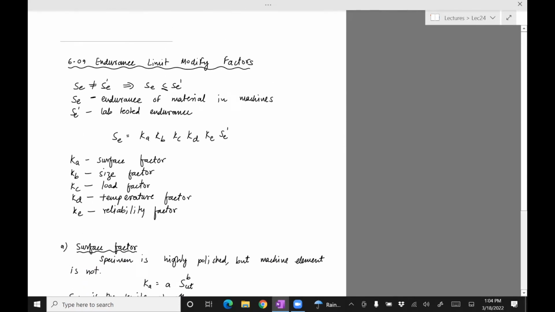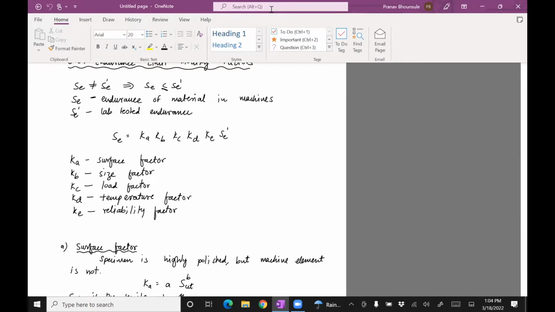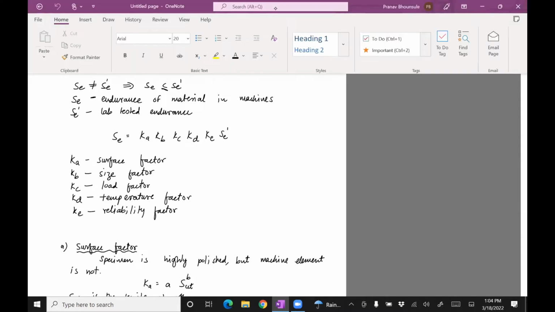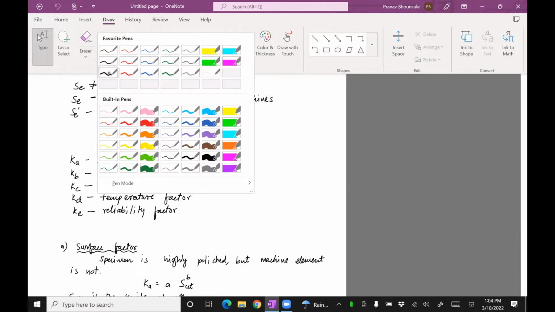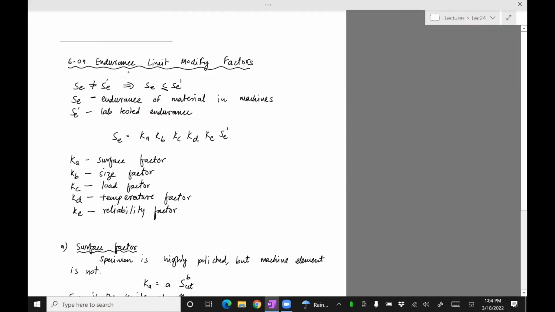They hurt you more than help you, which is understandable. If you have a very well polished material, Se prime will be greater for a well polished specimen, and Se will be lower than that.